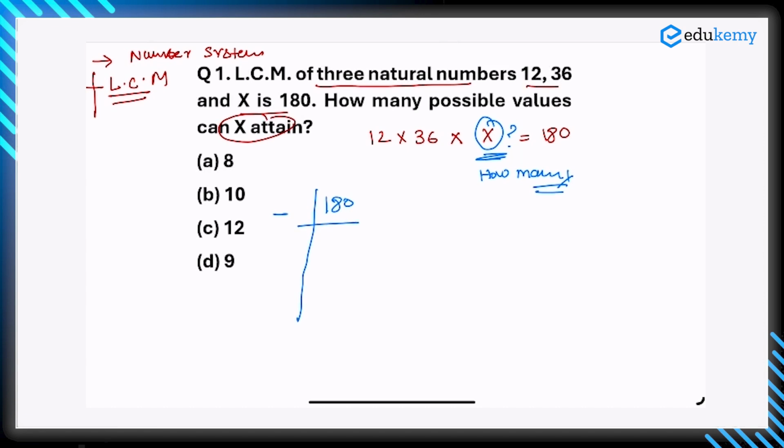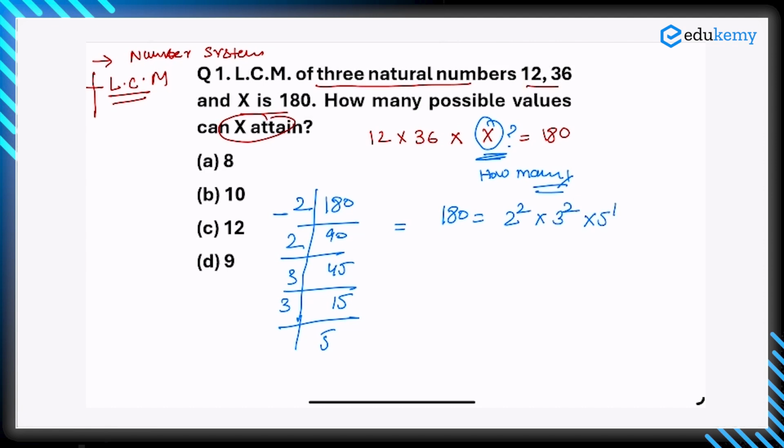The factorization of 180 means 180 is equal to 2 raised to power 2, 3 raised to power 2 and 5 raised to power 1.